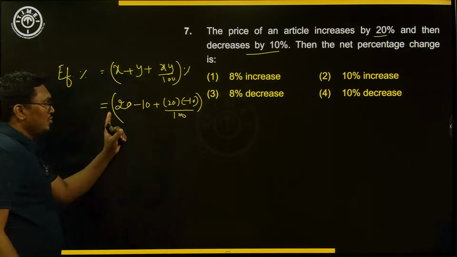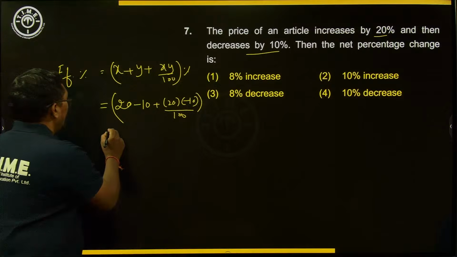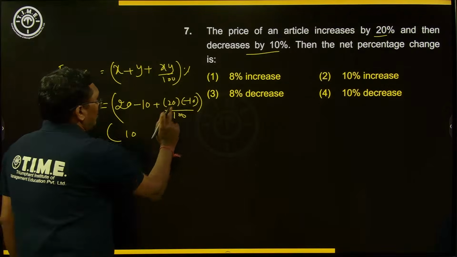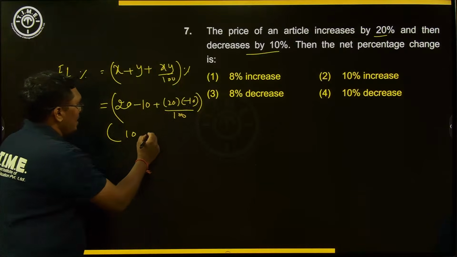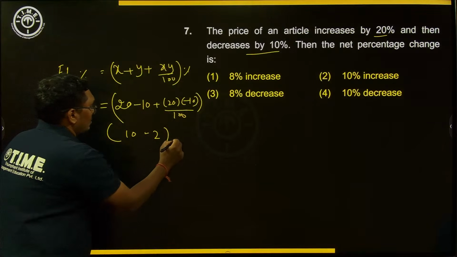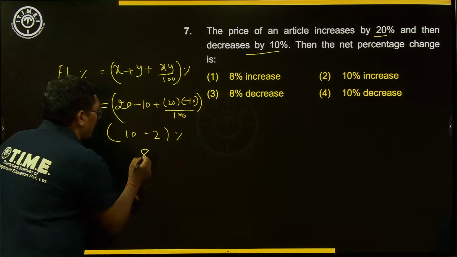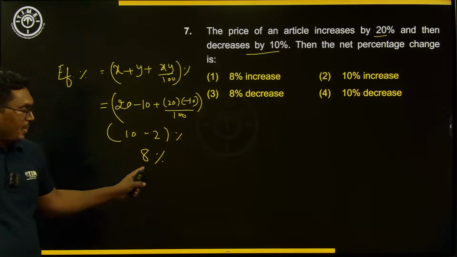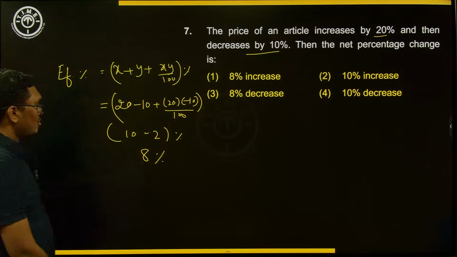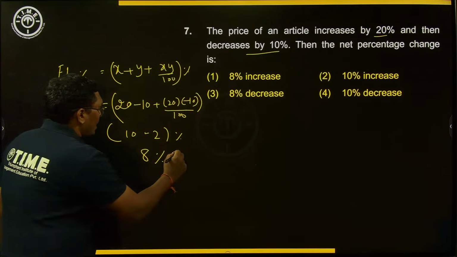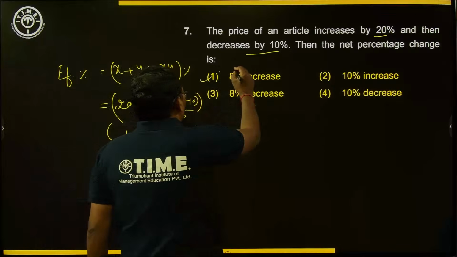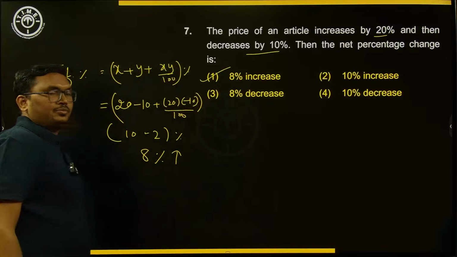So 20 minus 10, that is 10, and this is 20 into 10 by 100, so this is minus 2. So 10 minus 2, that means 8%. If you get positive sign, it indicates increase. So how much increase? 8% increase. So this is choice 1. Our answer is choice 1, right.